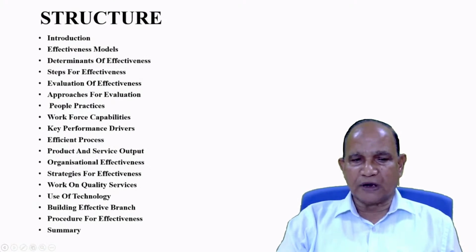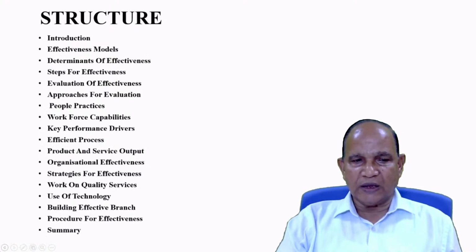In different organizations, we know that different types of products are produced, specifically in manufacturing organizations, and in the case of service organizations, different kinds of service are provided. They also require organizational effectiveness so that in both cases, whether it is product or service, the output and result is satisfactory as per the purpose.